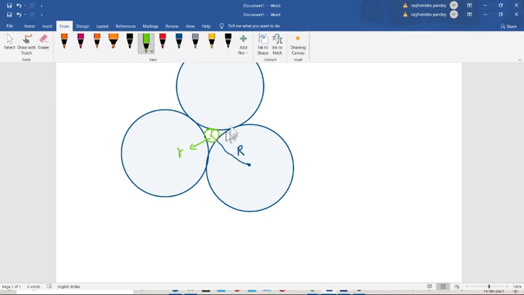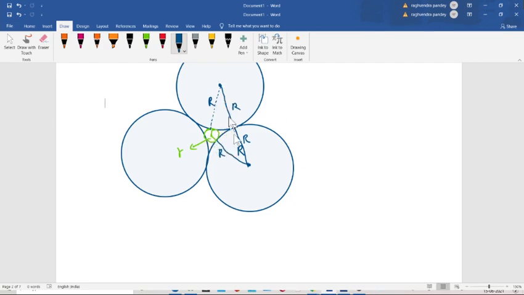Here also it is small r, and that is the midpoint of the sphere. So this is R, this is R, and this is small r and small r.